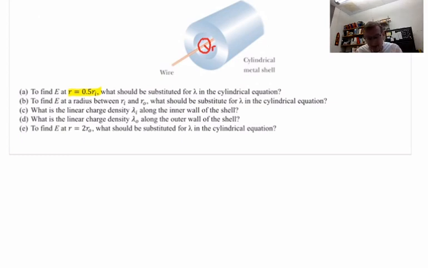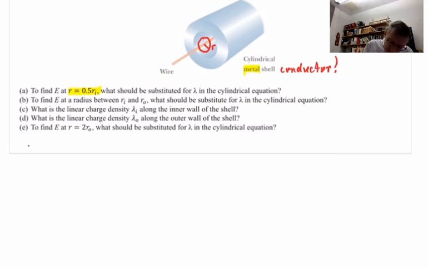So we're in this area that you might call a gap, the hollow region between the wire and where the metal shell begins. Notice, metal shell means conductor. Important. If we're going to use the cylindrical equation to get the E there, we know its direction will be radially away from that wire because the wire is positively charged.